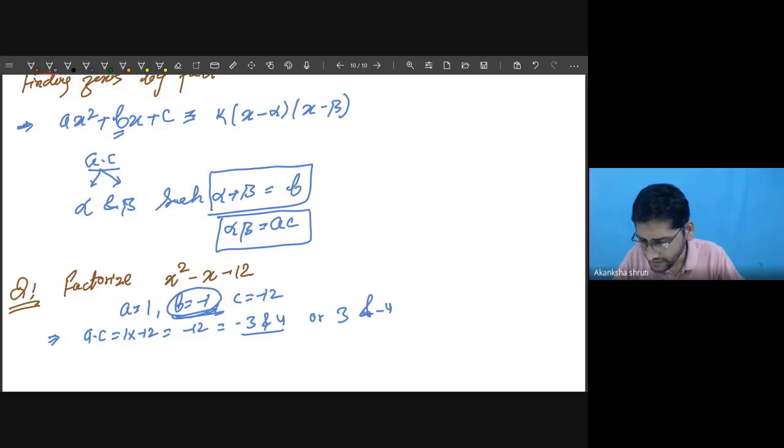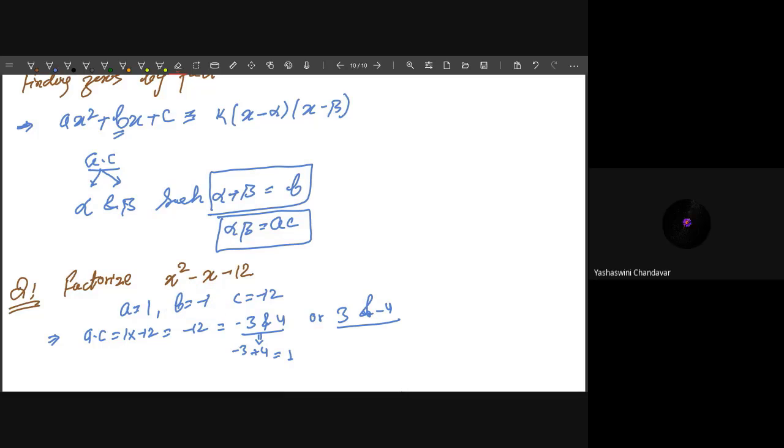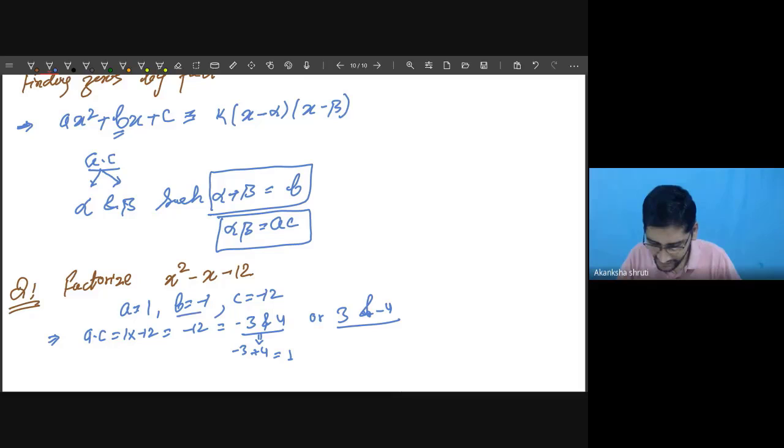Whether this or this, if we add minus 3 plus 4, how much is the value? Plus 1. But what is our B, student? Here our B is minus 1, but here it is plus 1. So therefore it is wrong. The sign is equally important.